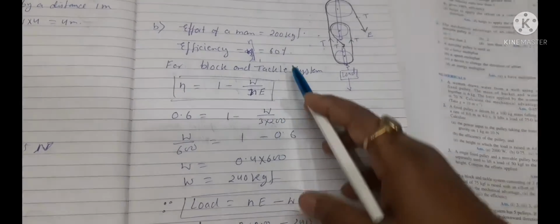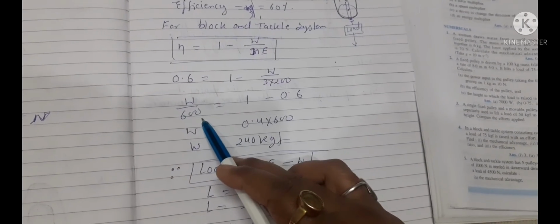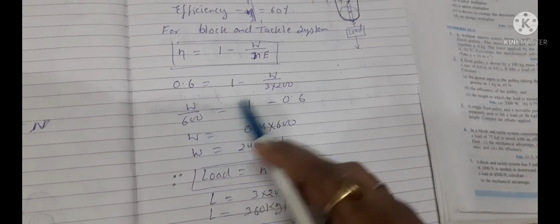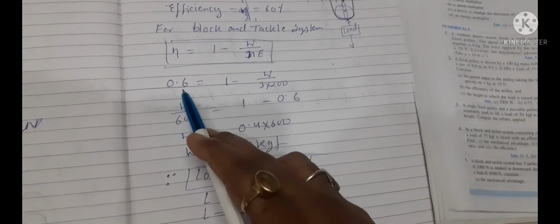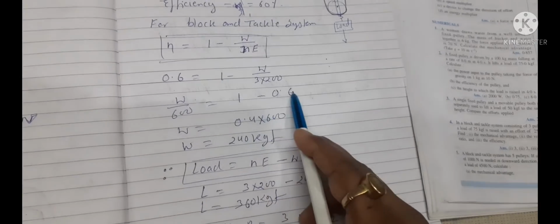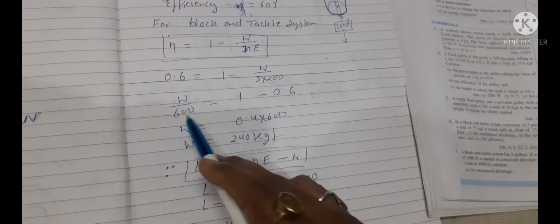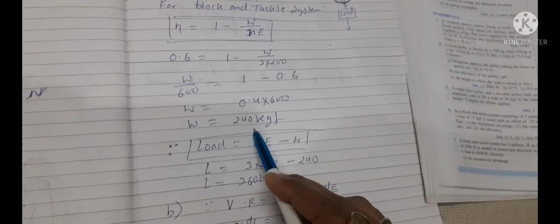Why have I written 200? Because effort is given 200. So W upon 600, I transferred from RHS to LHS, and 0.6 I have shifted from LHS to RHS. So 1 minus 0.6 is 0.4, and we cross multiplied this 600. So when you multiply, you will get W is equal to what?